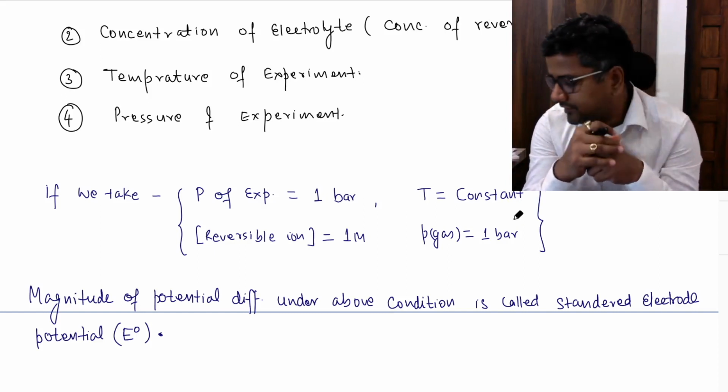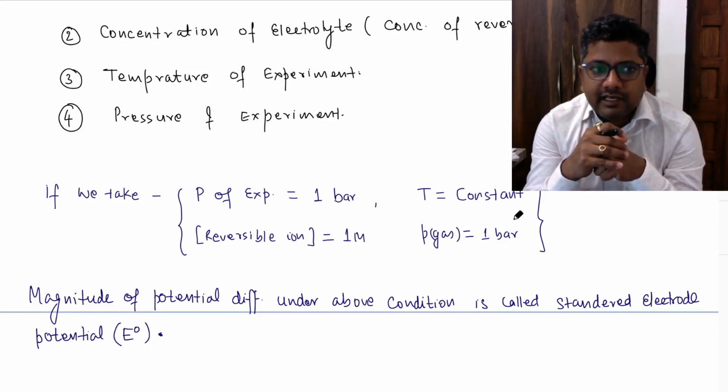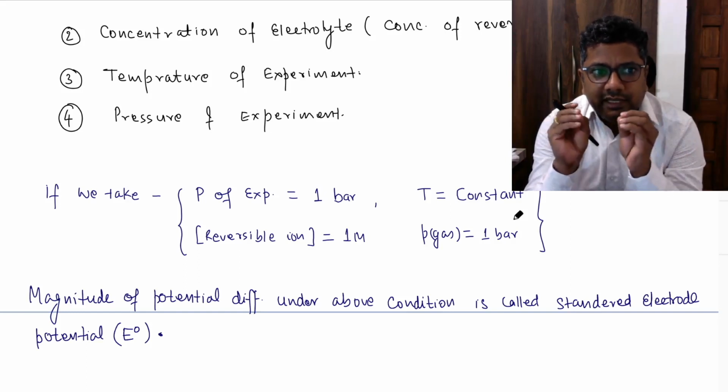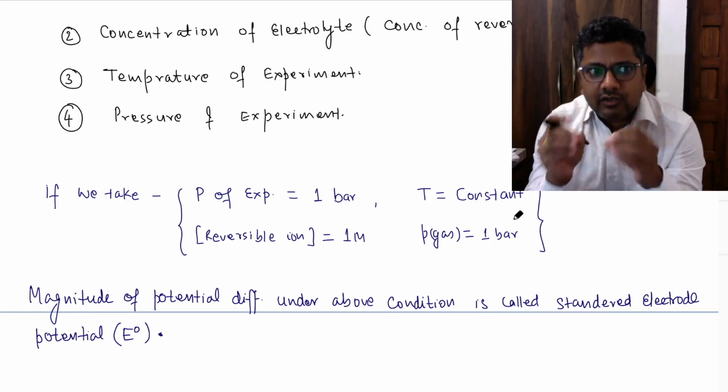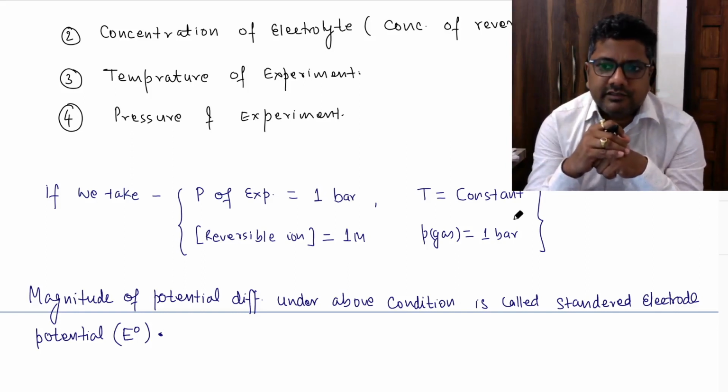Dear students, be careful here. Many times people make a mistake, writing that temperature should be 298 Kelvin. This is not like that. Temperature could be anything, it is of your interest. You can set your temperature, but it should be constant.